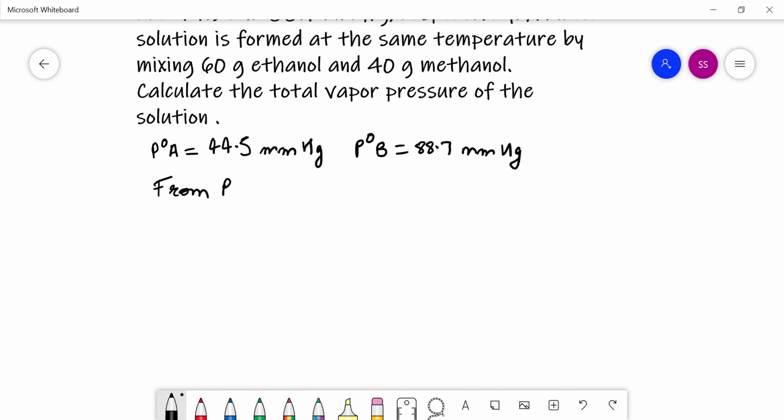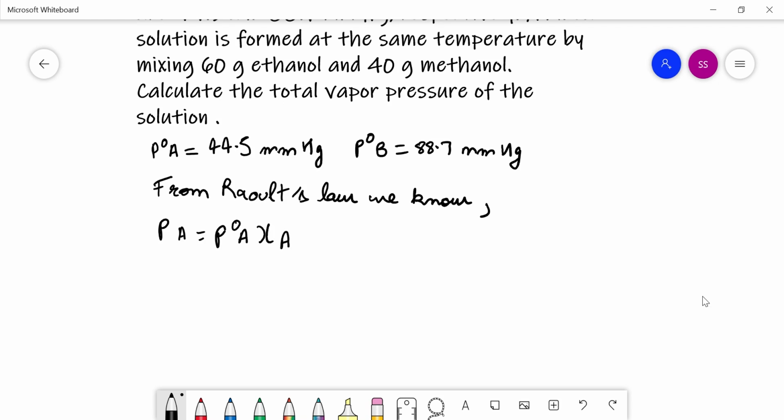From Raoult's law, we can say that PA is equal to P naught A XA and PB is equal to P naught B XB.